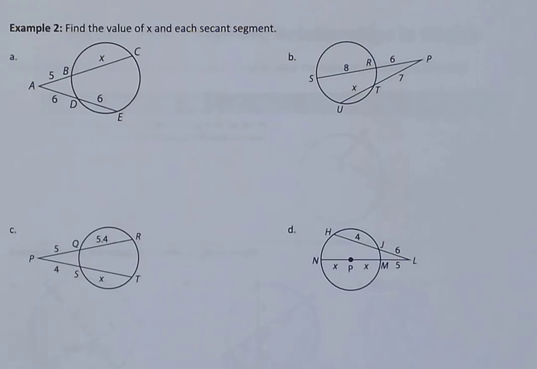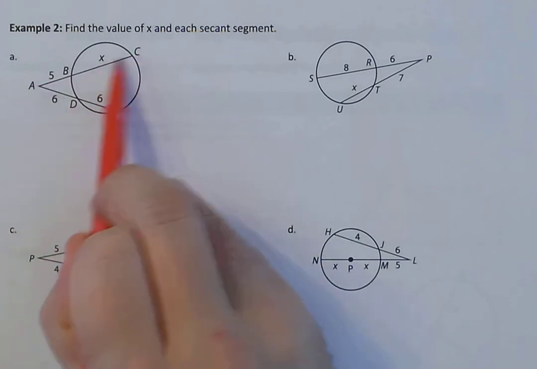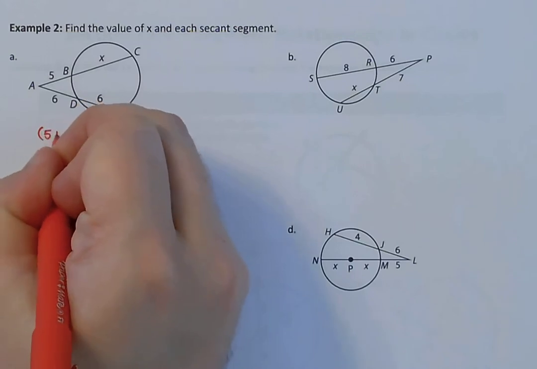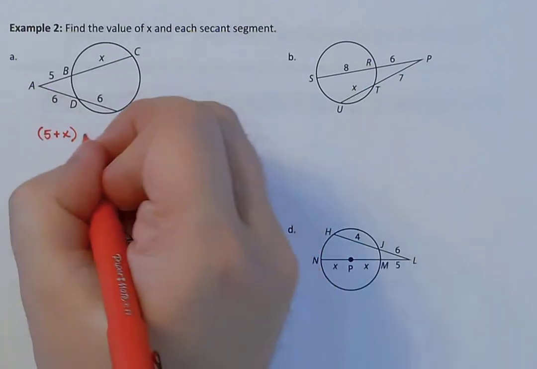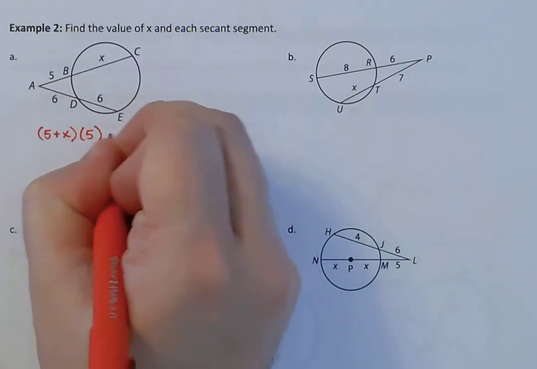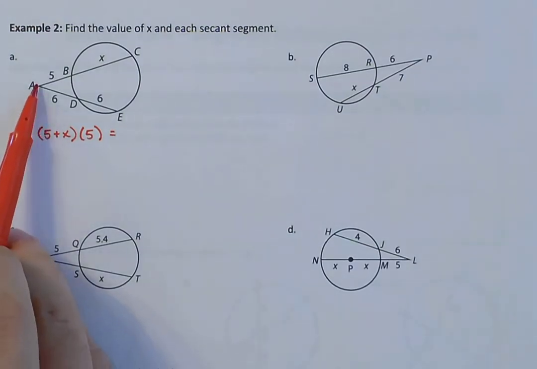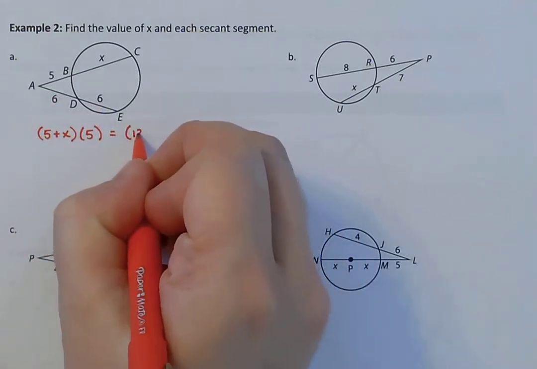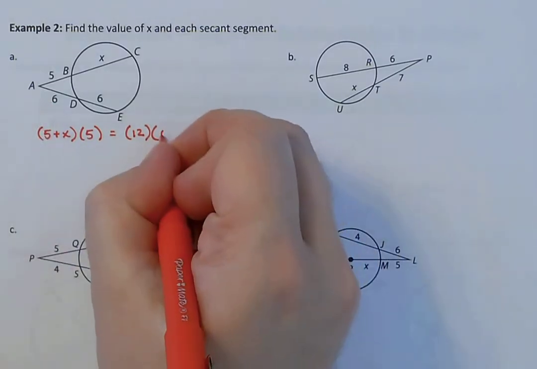So, remember, it is the entire secant segment, so that would be AC, so it's this whole thing, 5 plus x, times its external part, which is 5, equals the other secant, which is AE, so that's 6 and 6, so that's 12, times its external part, which is 6.